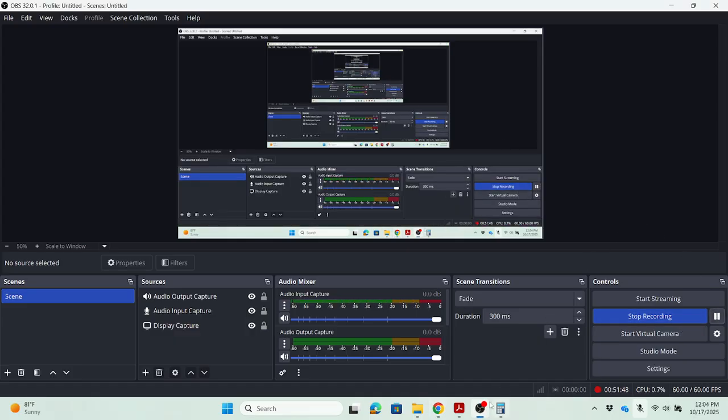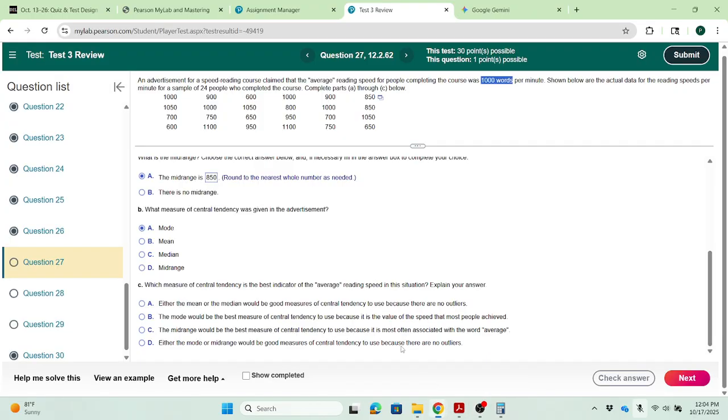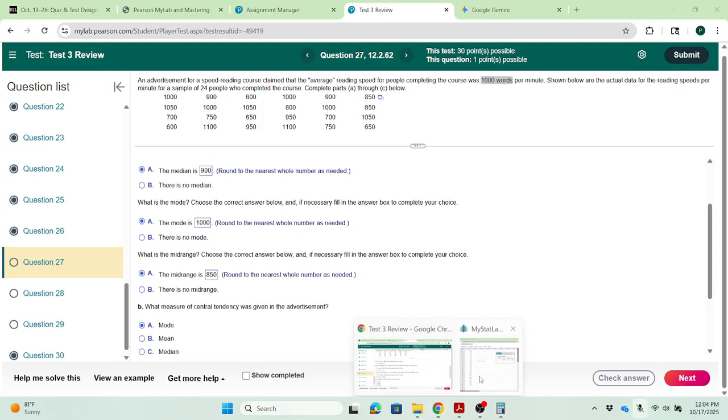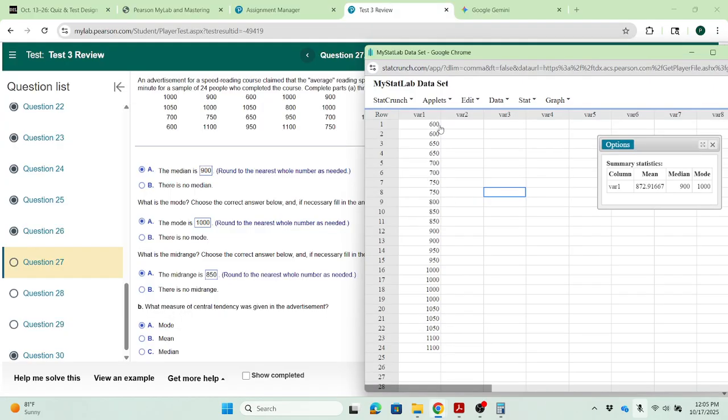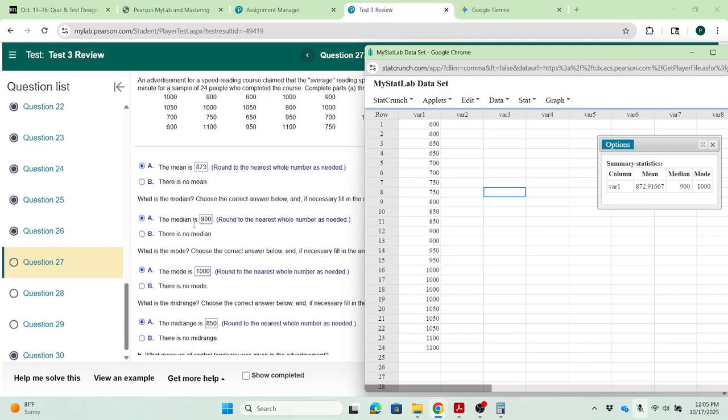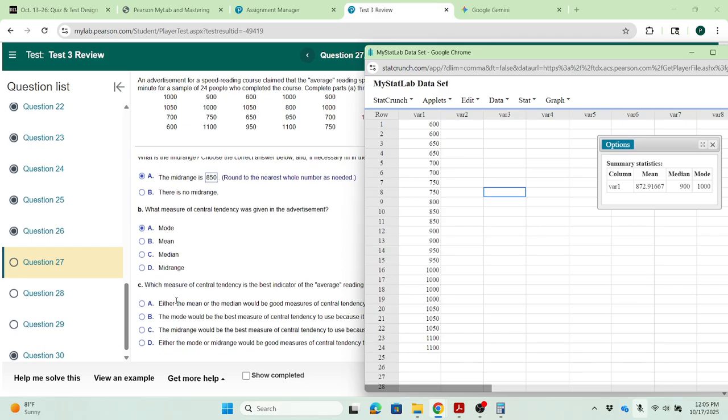Let's go back and look at the data one more time. Average means it could be mean or median. In this case, not the mode, because for the mean and median we don't have any outlier.